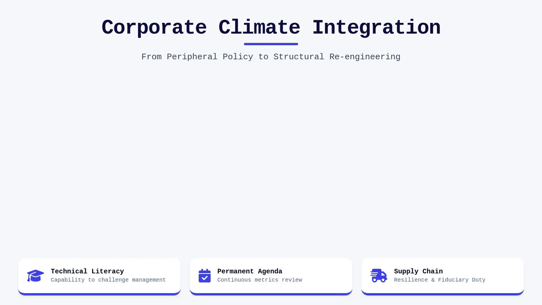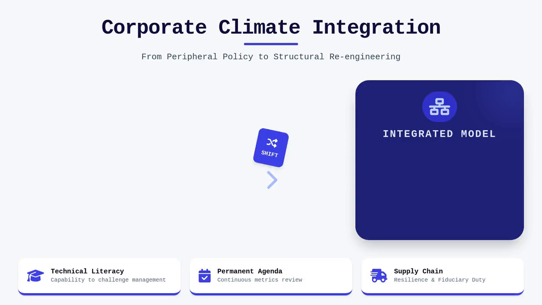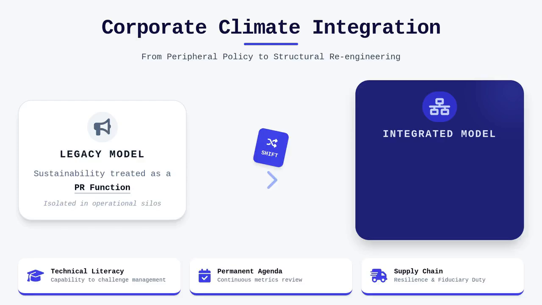If the board does not understand the underlying climate data, they cannot effectively govern the fiduciary interests of the firm in a transitioning economy. This shift involves moving away from silos where sustainability is a public relations function and toward a model where it informs capital expenditure, risk appetite, and strategic planning.